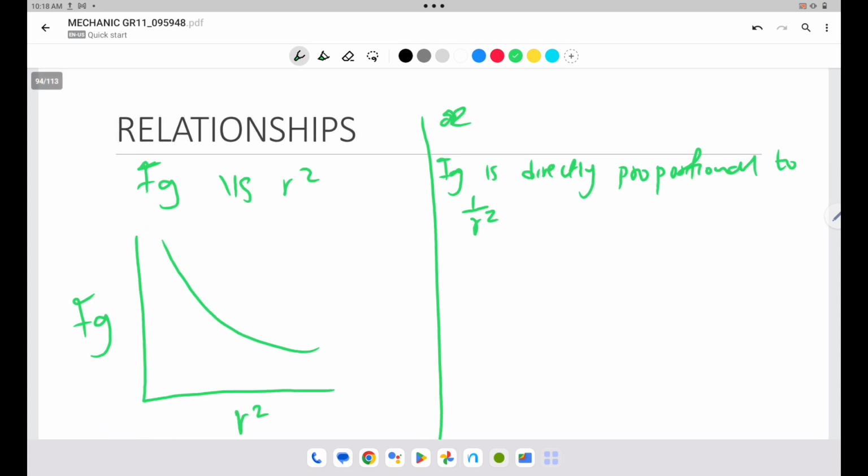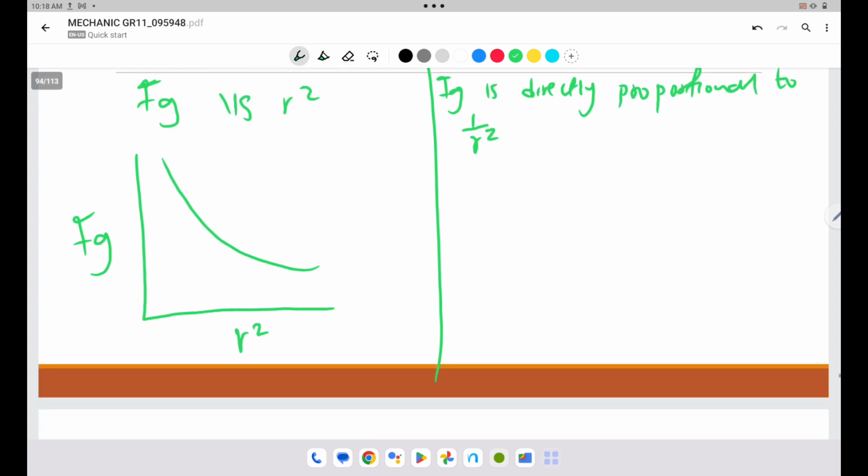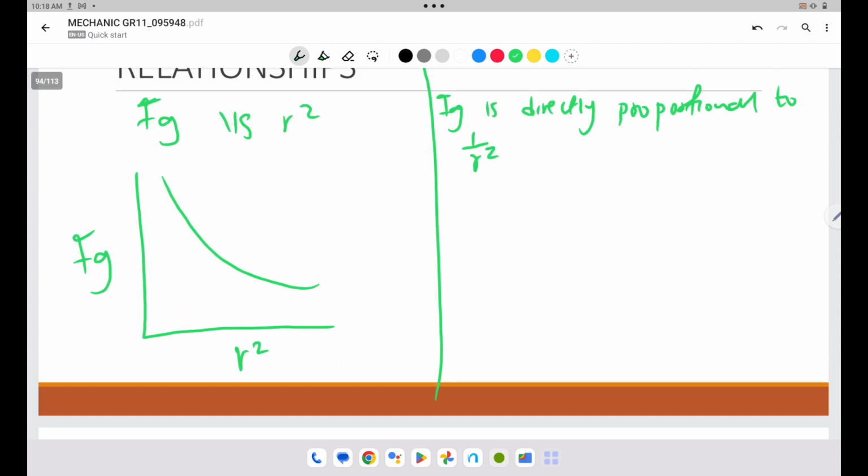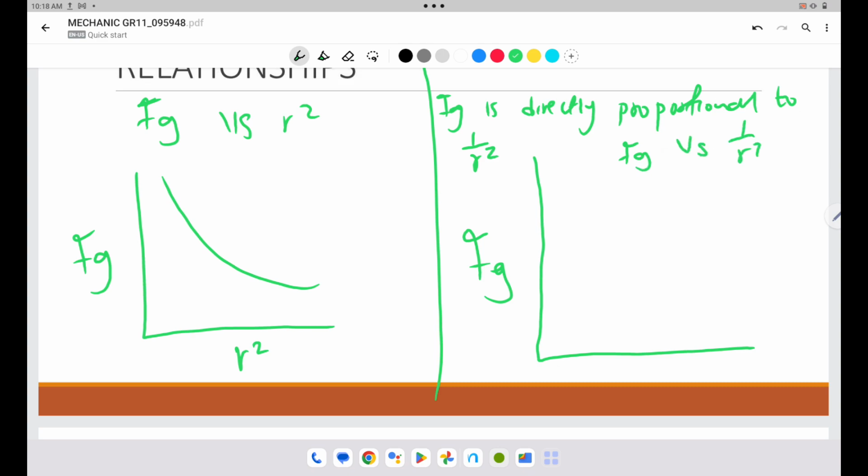Fg is directly proportional to the reciprocal of the square of the distance between them. Using that statement of direct proportionality, if I draw a graph of Fg versus 1 over r squared, then I'm going to get a straight line graph which passes through the origin.